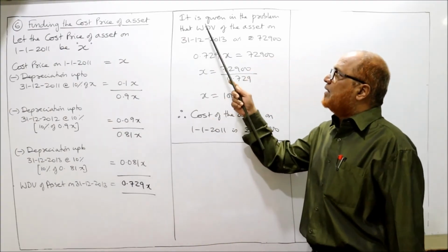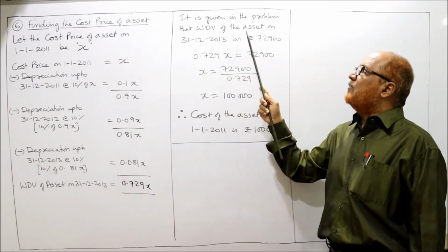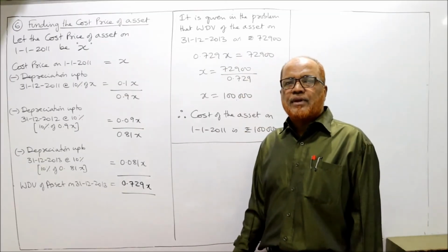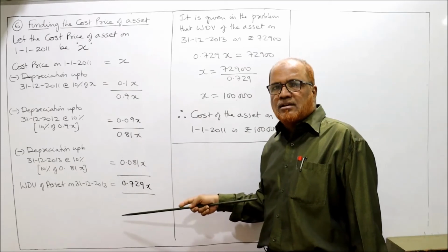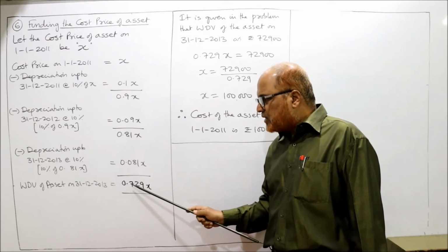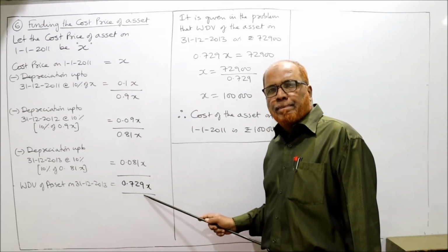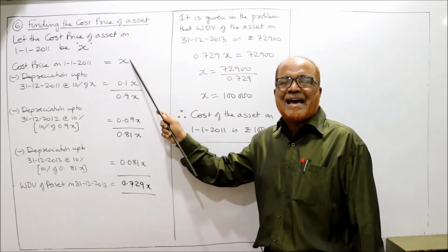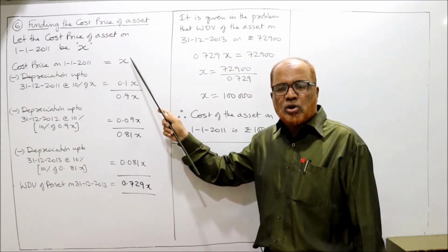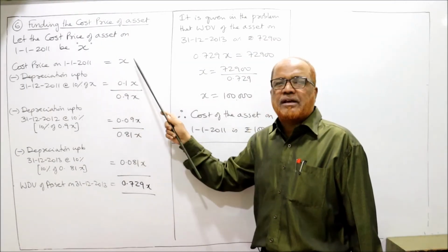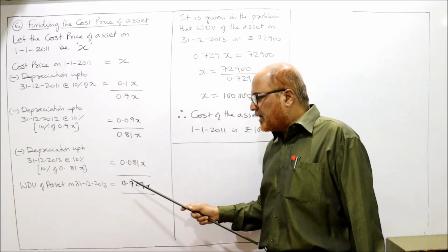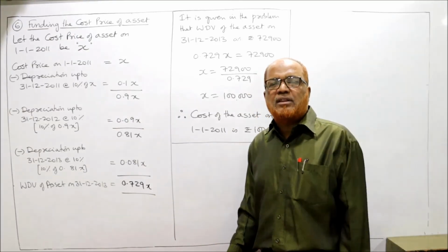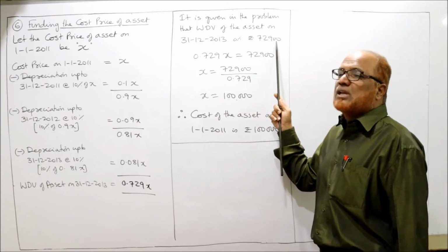Now in the problem it is given that the WDV of the asset as on 31st December 2013 is 72,900. On our assumption, the WDV comes to 0.729X, where the purchase price was X. Whereas the actual WDV given in the problem is 72,900.